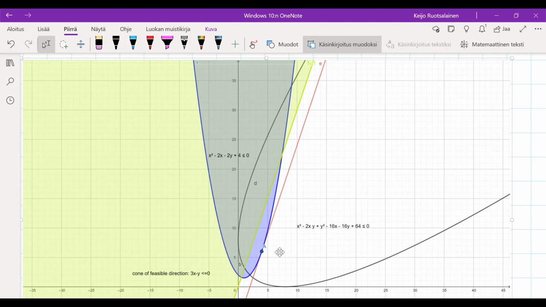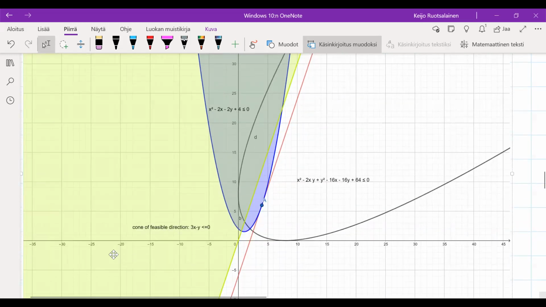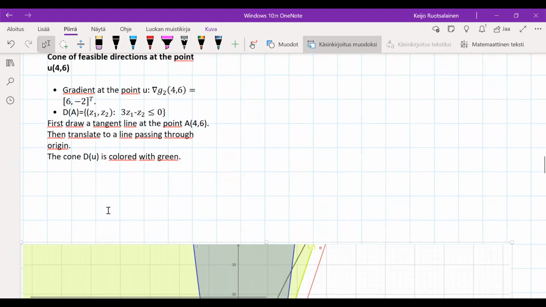So it means that it is here on the left. So you compute here the gradient of this function, which was my function.